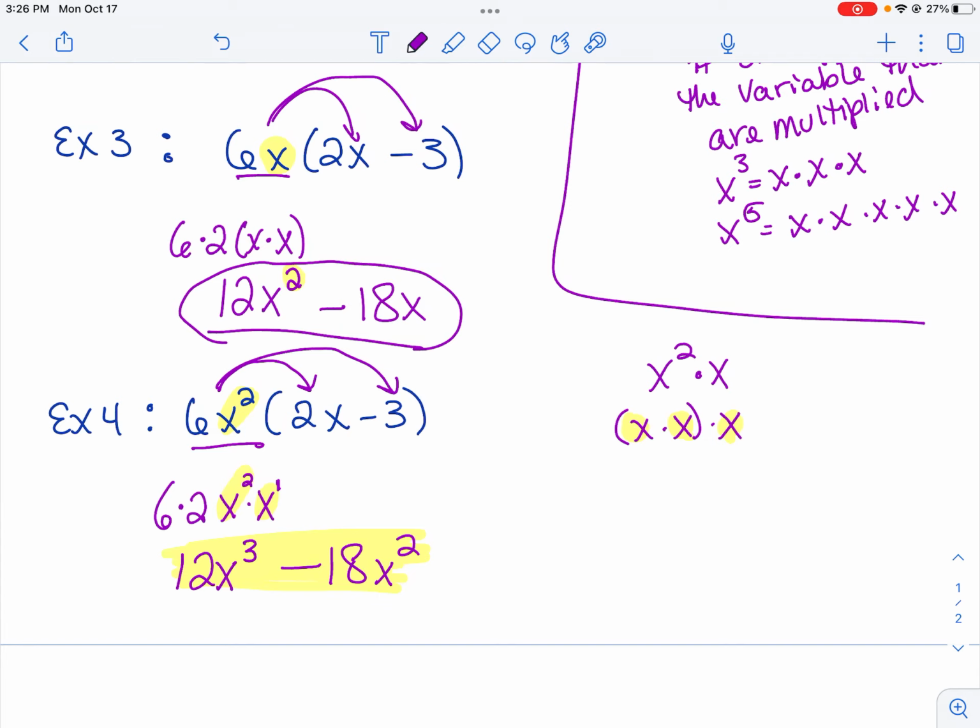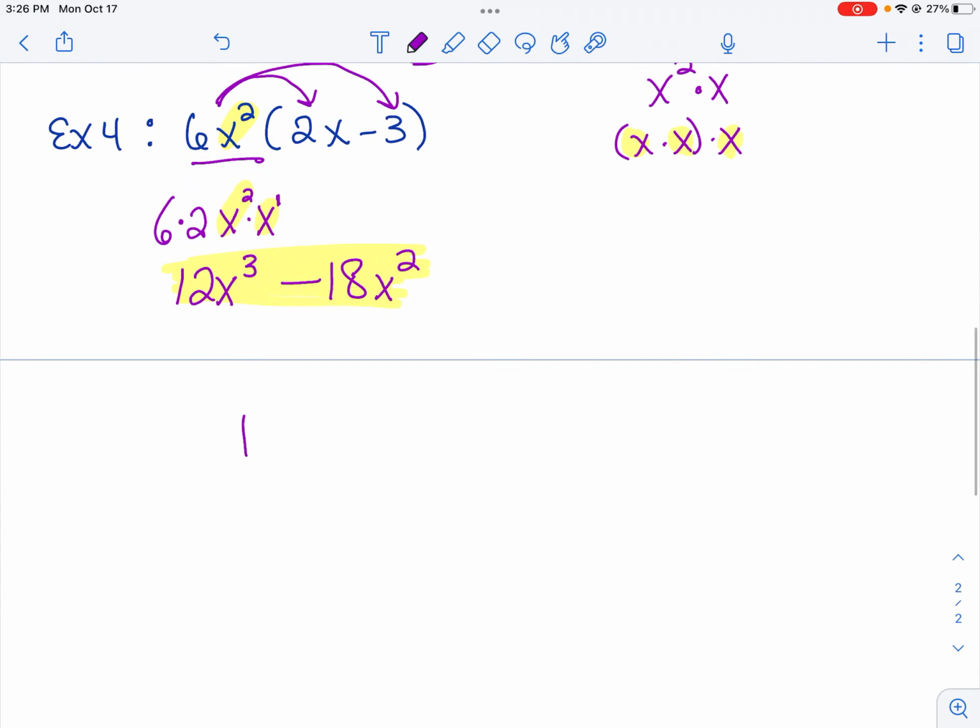So to summarize, this is called your product rule. Product of powers. It tells us that if we have something like x squared times x, the total exponent is going to be the sum of the exponents that we see all together.